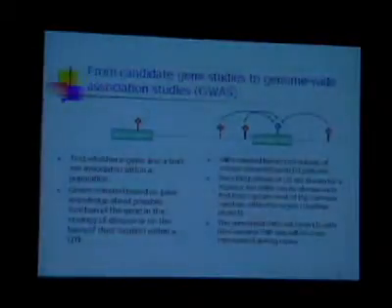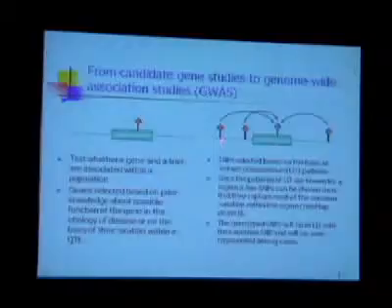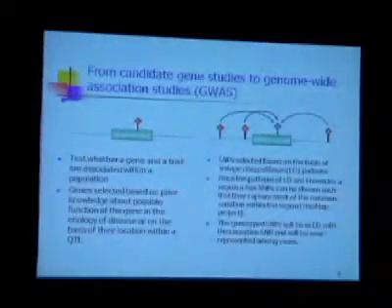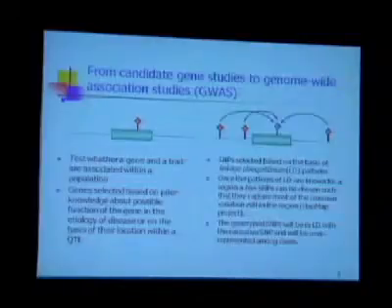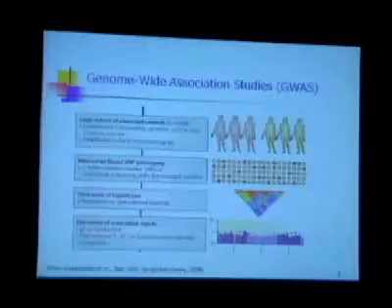We can capture most of the variation, and if we find an association with a given SNP, it is probably in linkage disequilibrium with the causal variant, which means that when we find an association in a genome-wide association study, basically we find a locus, not necessarily the causal variant.